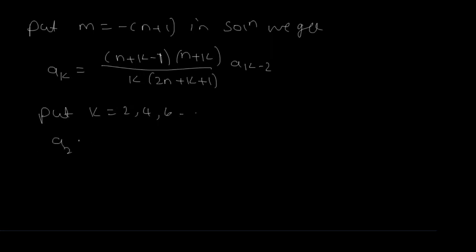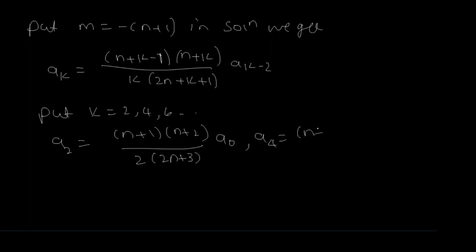We get a2 is equal to (n+1)(n+2) divided by 2(2n+3) into a0. Then a4 is equal to (n+3)(n+4) divided by 4(2n+5) into a2.